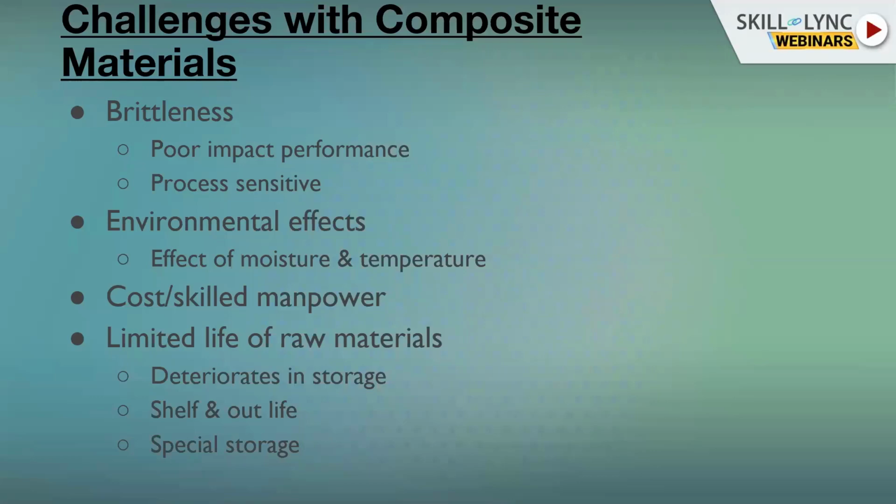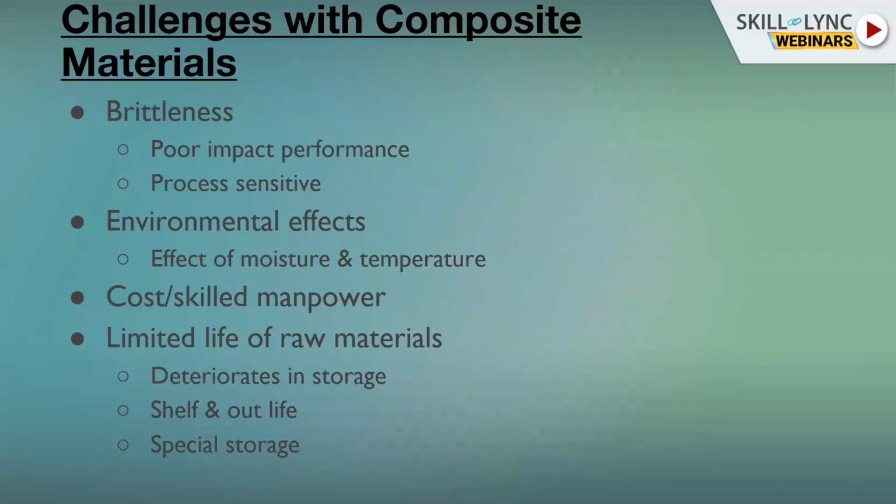The next one is process sensitivity. As I explained, composites are a combination of two or more dissimilar materials, and they are put together in a controlled environment. So if the environmental parameters like temperature, humidity, pressure are being monitored, then the possibility of defects is very low.